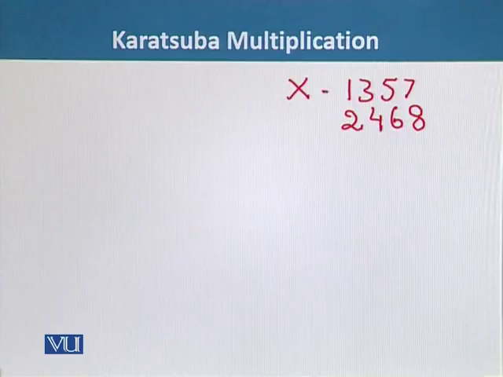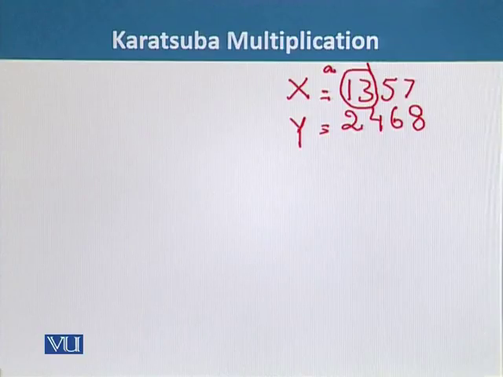The first one is our x input, and the second is y. In Karatsuba multiplication, we divide x into two halves. The first is 13, and we call it A. The second half is 57, and we call it B.